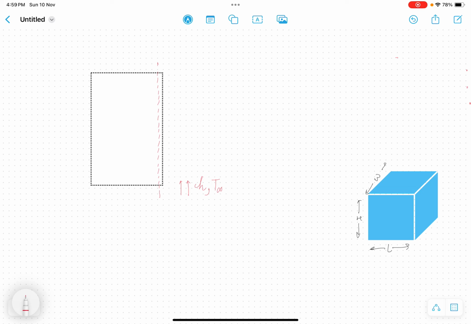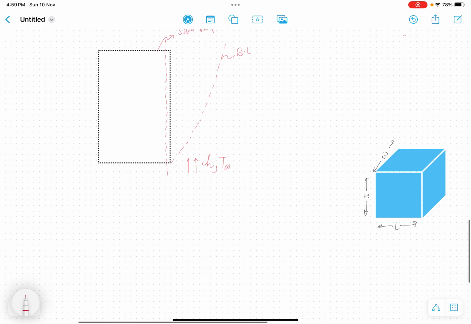Because of the fluid flow, some boundary layer will form on the surface, as you have seen in the fluid mechanics courses. This is the solid surface. This is the boundary layer. Suppose that between the two surfaces of the body some temperature drop is there, let's say Ts1 and Ts2. Because of that, heat transfer will take place across this side.